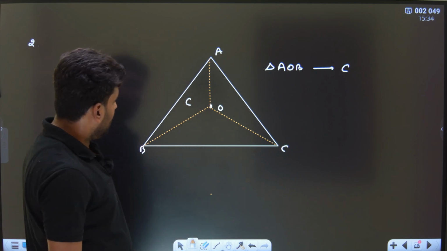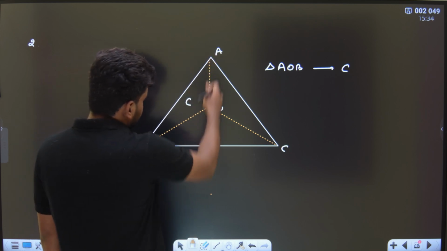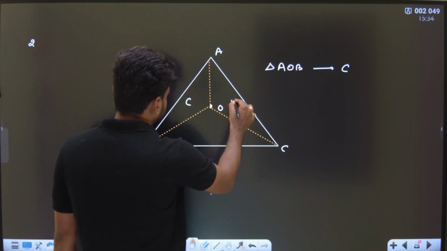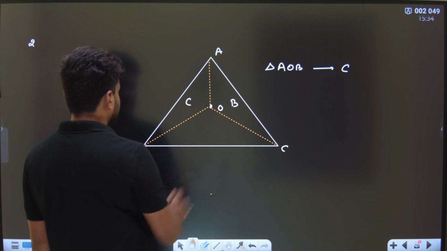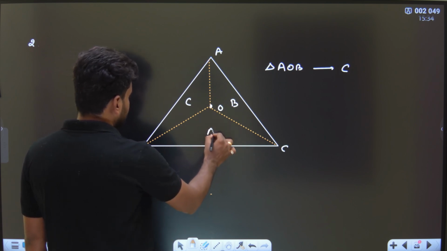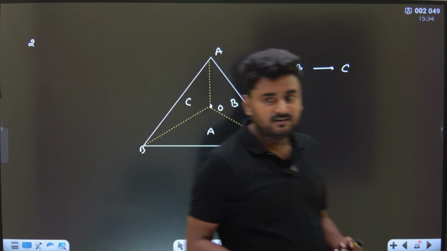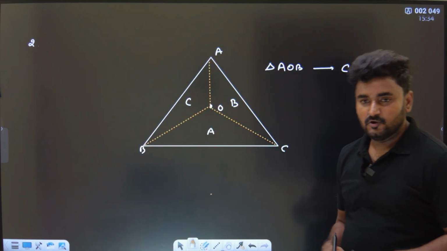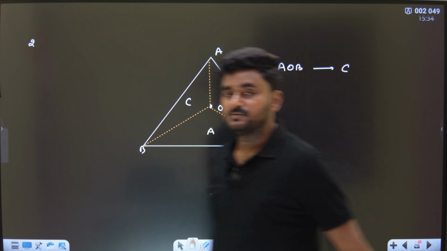And the orthocenter of triangle AOC will be B, and the orthocenter of triangle BOC will be A. Now you can solve the question very easily. If you want to note it down, please do it fast.